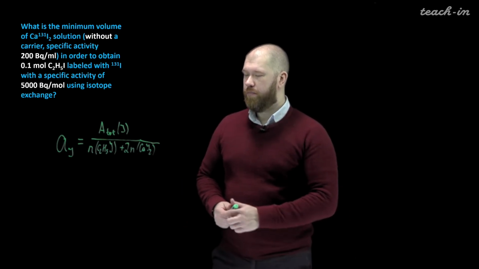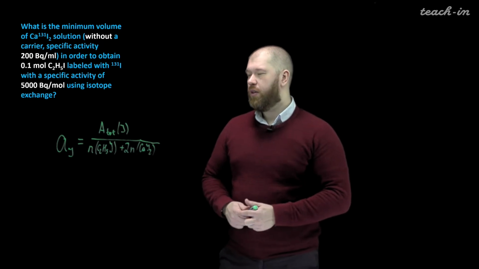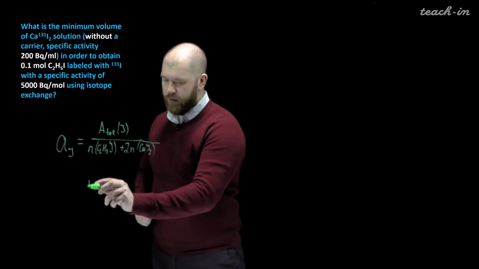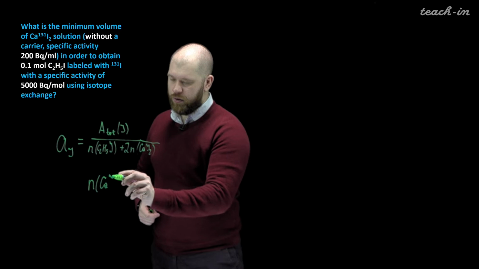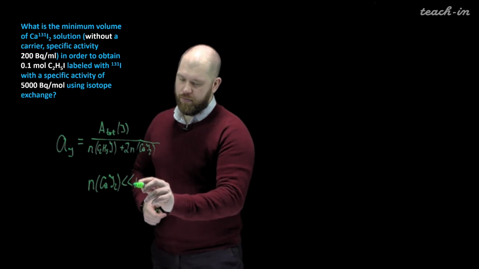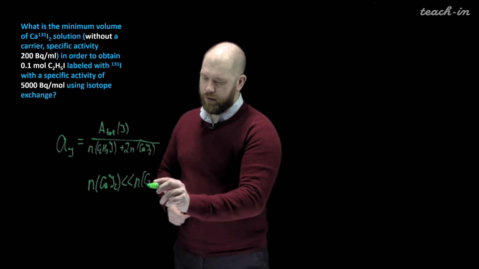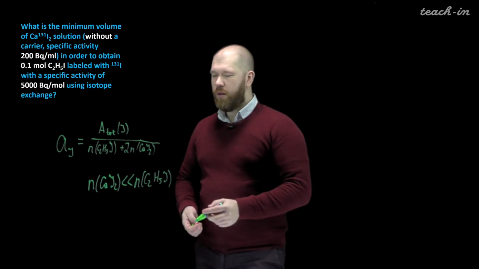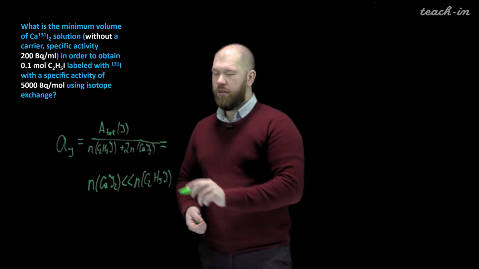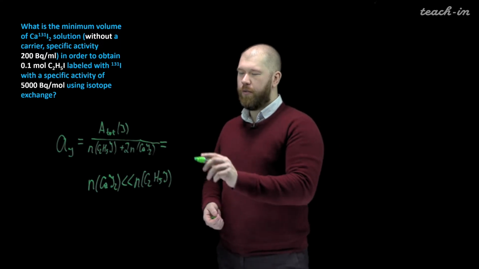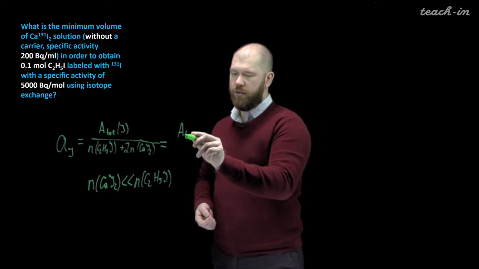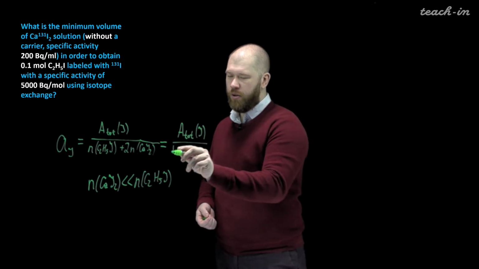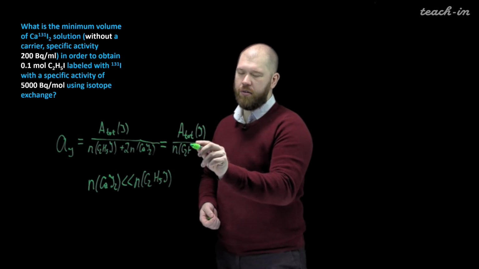It will be much smaller than the amount of ethyl iodide. That means that we can write that amount of calcium iodide is much lower than the amount of ethyl iodide. In this case, we can neglect this member in our equation, and that means that the specific activity of iodine will be determined only by the amount of ethyl iodide.